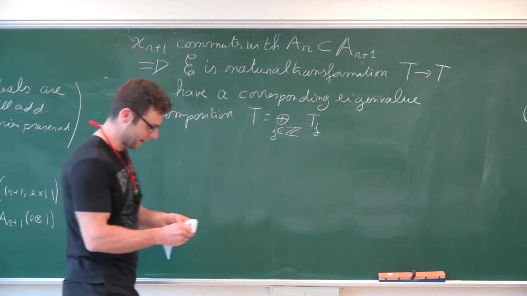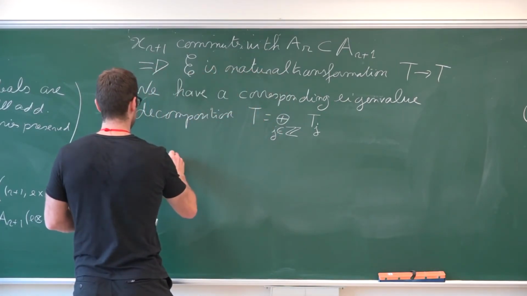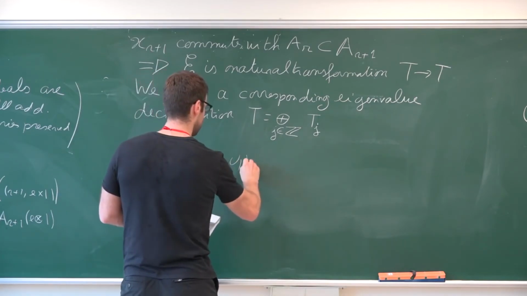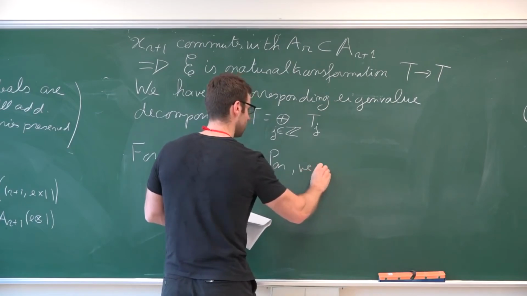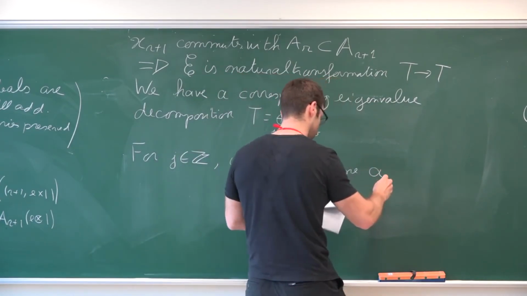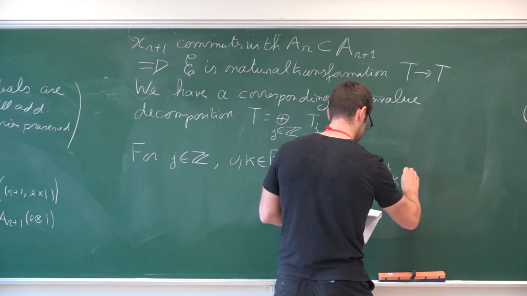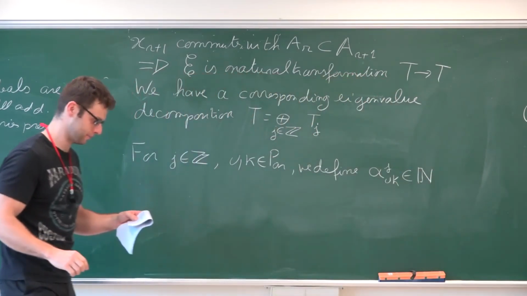Okay. So then, for some integer j and a pair of partitions, we define some natural number, so a_j(nu, k, kappa).